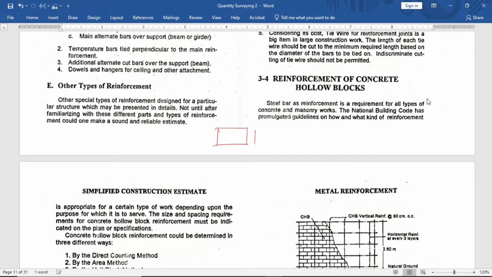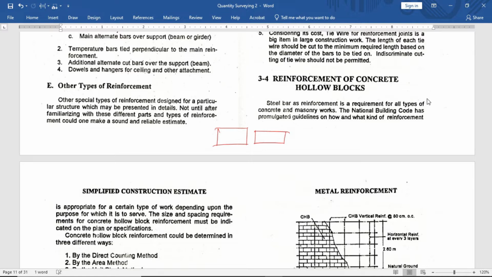Siyempre, sa floor slab, meron din tayong kinocompute na bar reinforcement. Sa masonry rin, hindi pure hollow blocks lang yung pag-compute natin, tsaka concrete. Meron din tayong tinatawag na reinforcement.